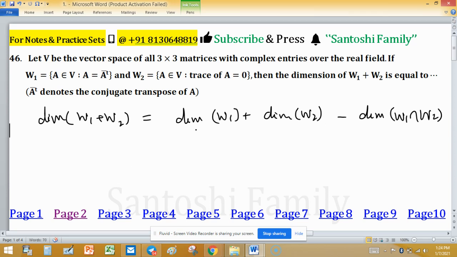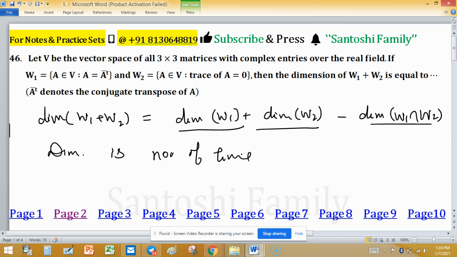So we have to calculate all these dimensions and put them in this formula, and that will give the dimension of W1 plus W2. And what is dimension? Dimension is the number of places at which you are free to choose values from the field.